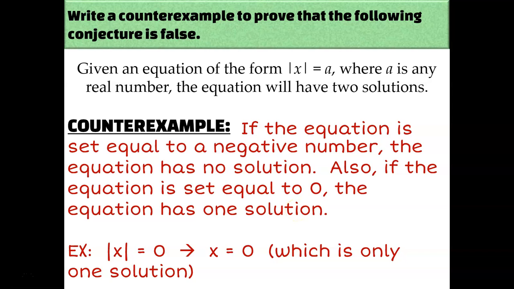Absolute values set equal to a negative number, that kind of an equation has no solution, not two solutions. So that'd be a great counterexample. But another example might be 0, because the absolute value of 0 is just 0. Not negative 0 and positive 0. I don't have two versions of 0 like all of the other numbers. 0 is just 0. So instead of having two solutions, if you make a equal to 0, then it has just one solution.